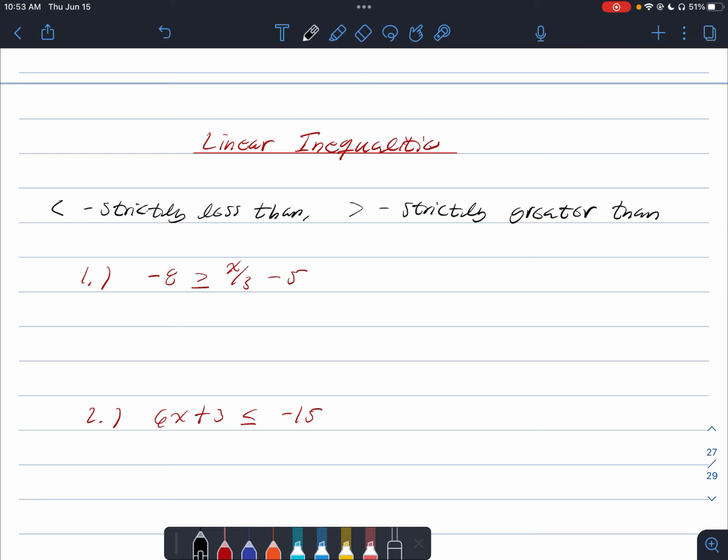And then we have this symbol, which is less than or equal to. And then we have this symbol, which is greater than or equal to.